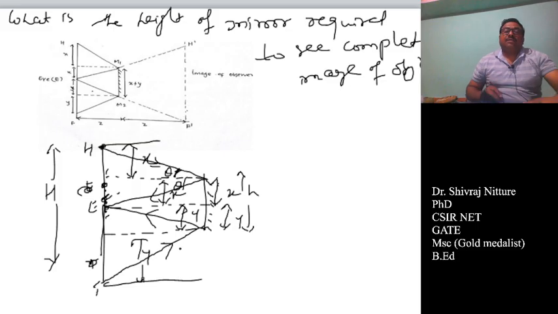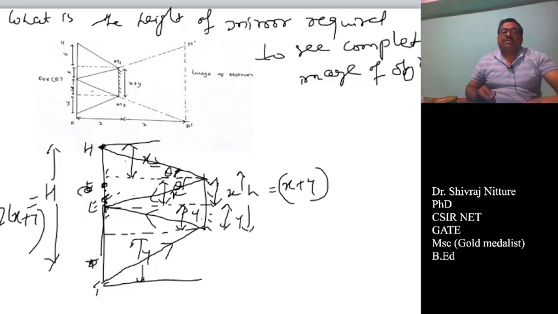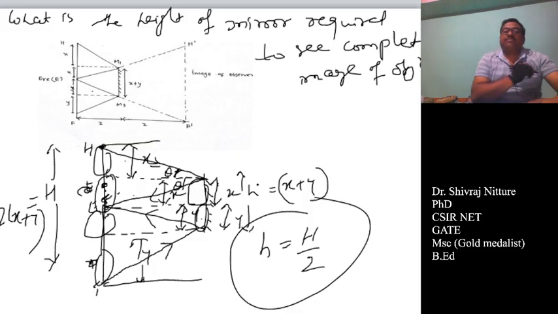So what is the total height now? It is 1x, 1x, 1y, 1y, which means 2 times (x plus y). And the mirror is x plus y. This is the height of the mirror. So the height of the mirror is half of the height of the person standing in front of the mirror. Like this you have to solve the problems.